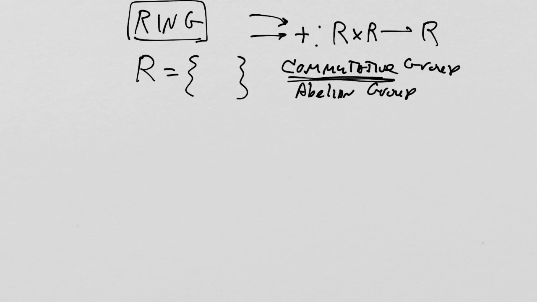So a ring right now has just started out as a commutative group, as an abelian group. But remember, it has two operations, not just one. The inverse for any element of an abelian group is always given by minus a. So a plus minus a equals 0, and 0 is given as the identity element, right?